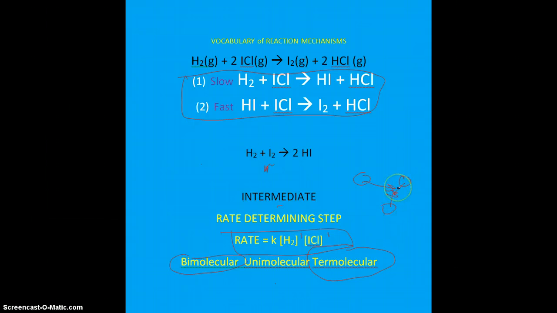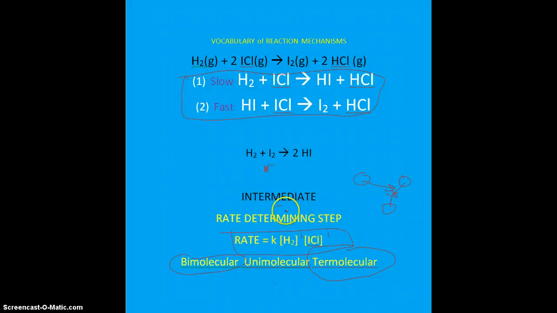So the important vocabulary we're going to work with on successive videos are, of course, the fundamental steps, the actual collisions that a reaction follows in its mechanism, and of course molecules such as hydrogen iodide that are intermediates. And we're going to focus on the orders being related to the actual numbers of molecules involved in the rate determining step.